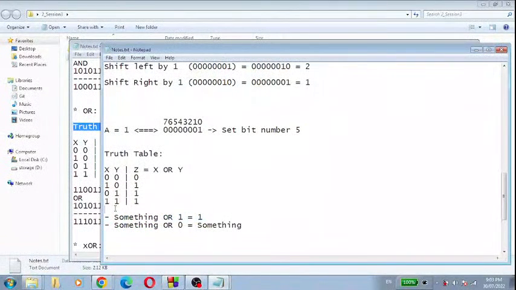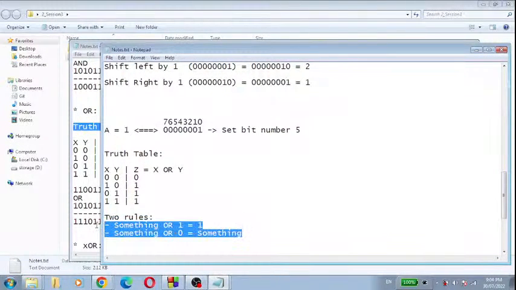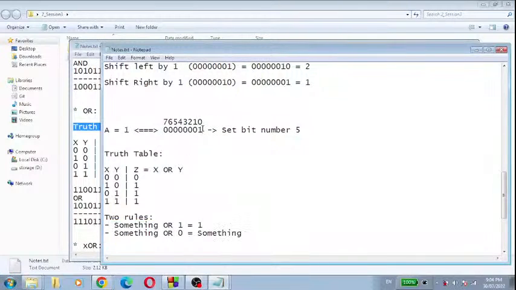So you got these two rules here. We are going to use these two rules to manipulate this number, which is 1 here, to reach our requirement, which is setting bit number 5.